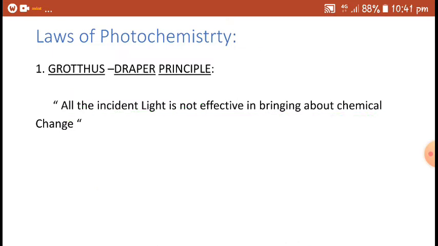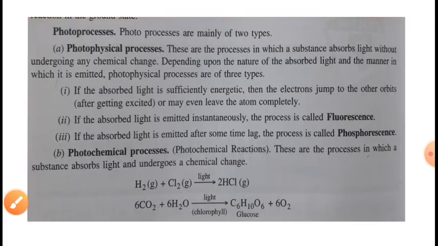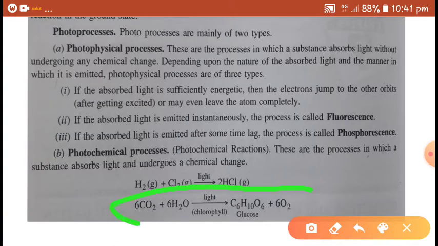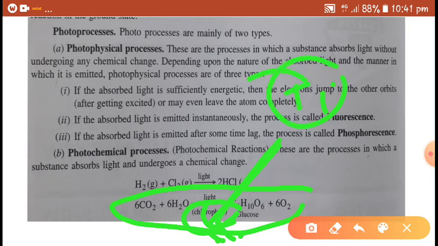What are photosensitizers? Chlorophyll acts as a photosensitizer in this reaction. It absorbs light, is activated, comes to the triplet state and gives energy to the reacting molecules. These reacting molecules absorb energy from the chlorophyll and are converted into products.